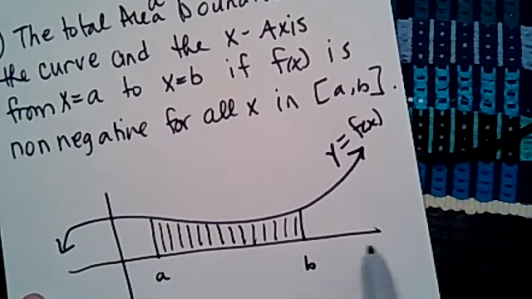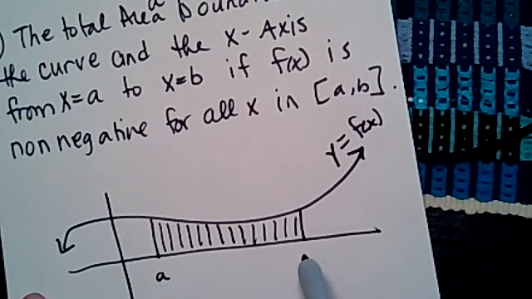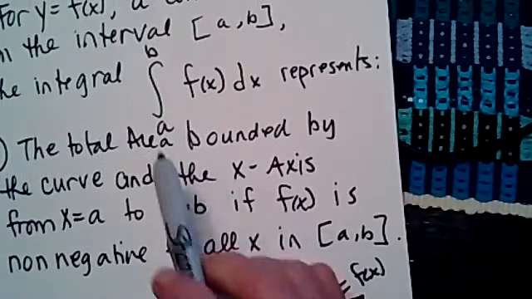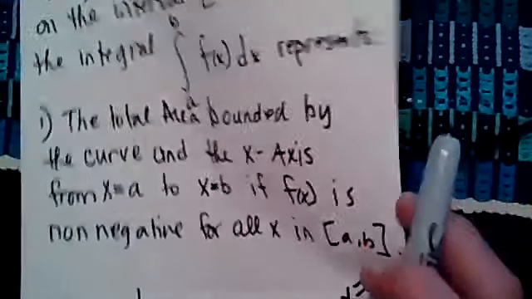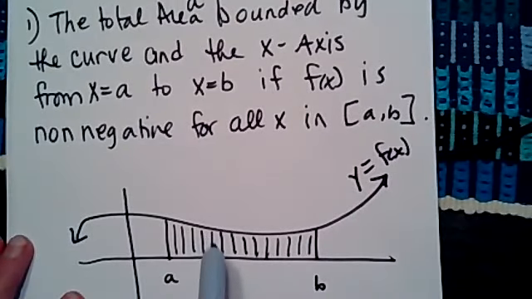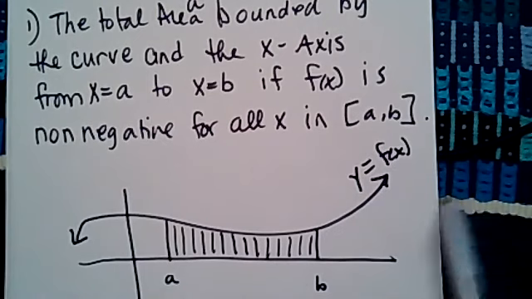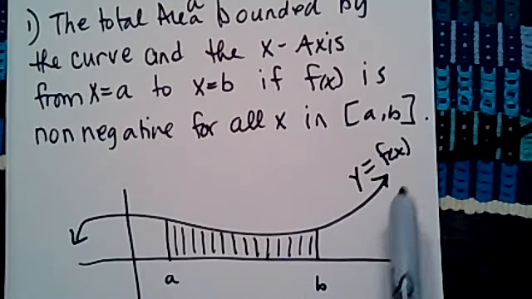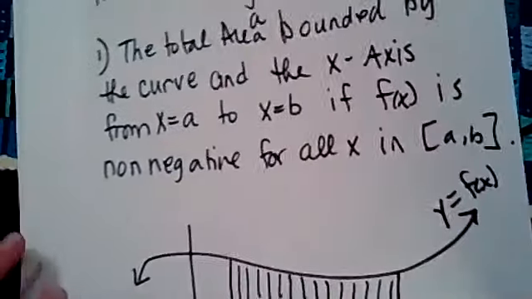It represents the portion of the x-axis from x equals a to x equals b. And it says f of x is non-negative for all x in a, b. That means my curve doesn't dip below the x-axis, and it doesn't in our 6.4.